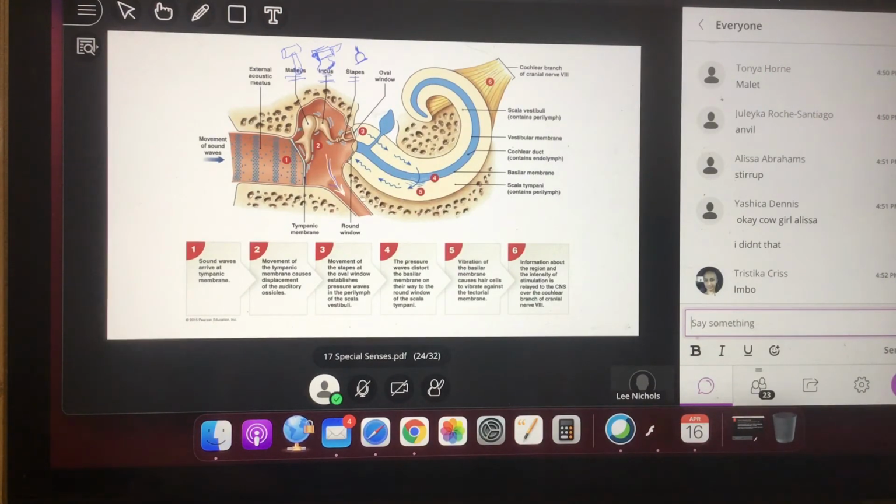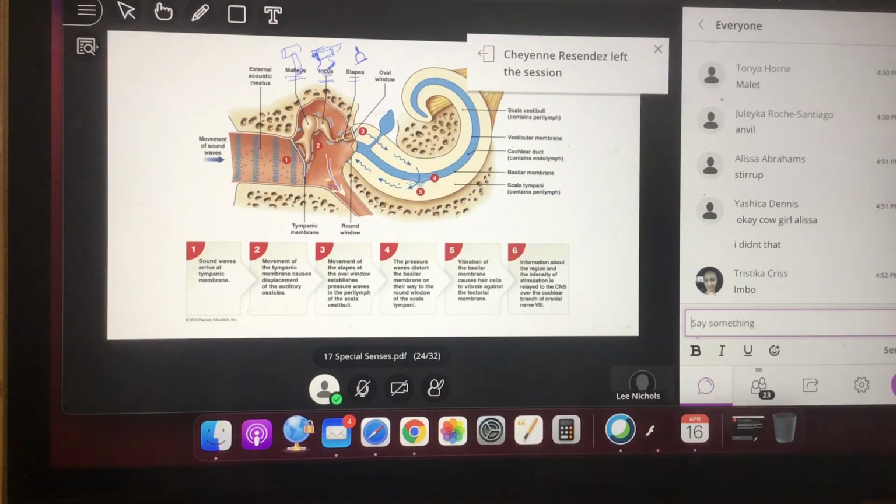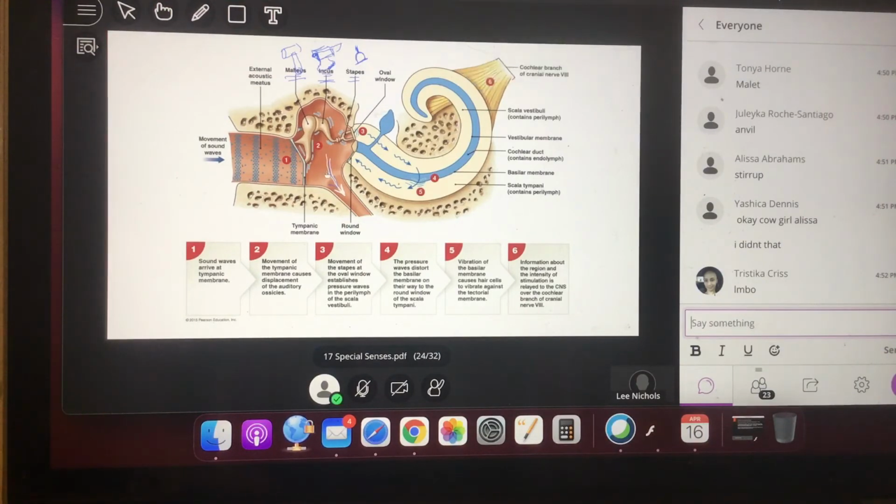And it's really common for bacteria from your nose to get from the back of your nose up into this middle ear. It's not that common for adults, but it's extremely common in babies and children because this tube is a lot shorter distance for that bacteria to get up into the middle ear. So middle ear infections, otitis media, are very, very common in children.